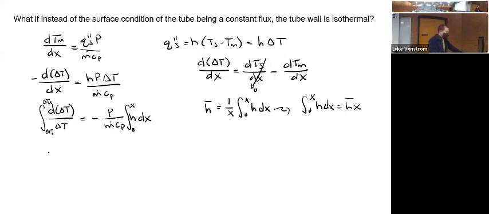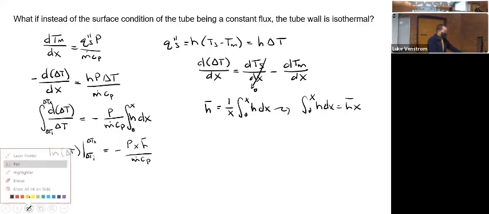Agreed? So now I have the log, because the integral of this is log delta t from delta t i to delta t o is equal to minus p x h bar over m dot c sub p. So this is delta t x.